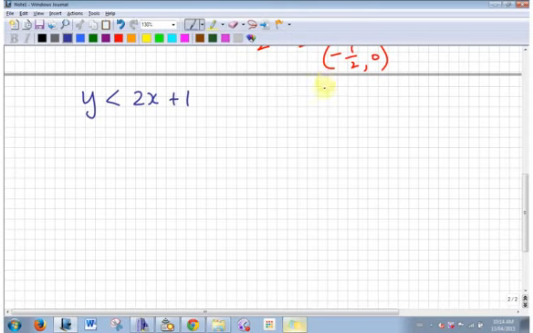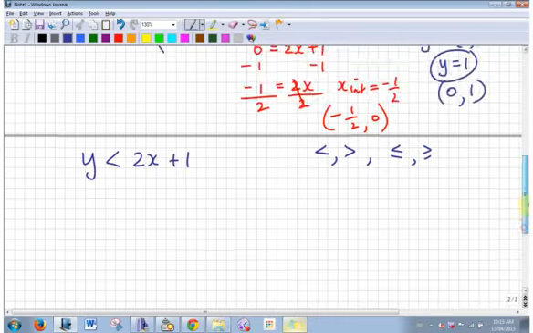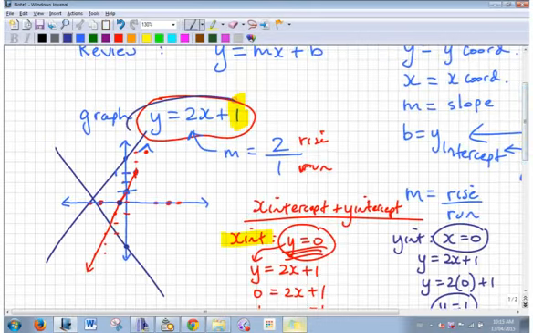Well, you remember, if it's less than or greater than, you can't include the point. Cannot. We could also have this: less than or equal to. You know what this says? In English, that says every point of y which is equal to double x plus 1.